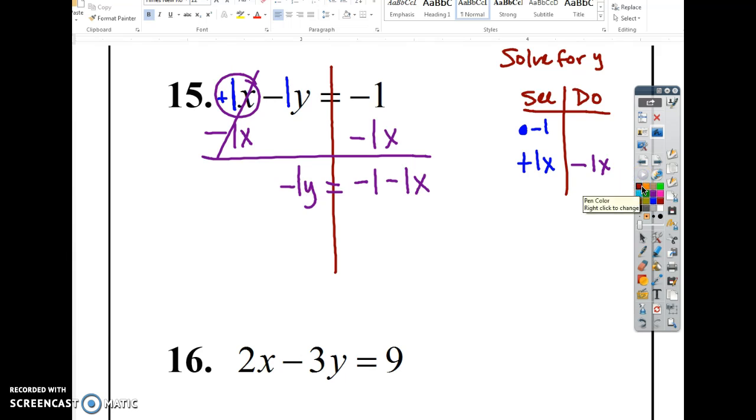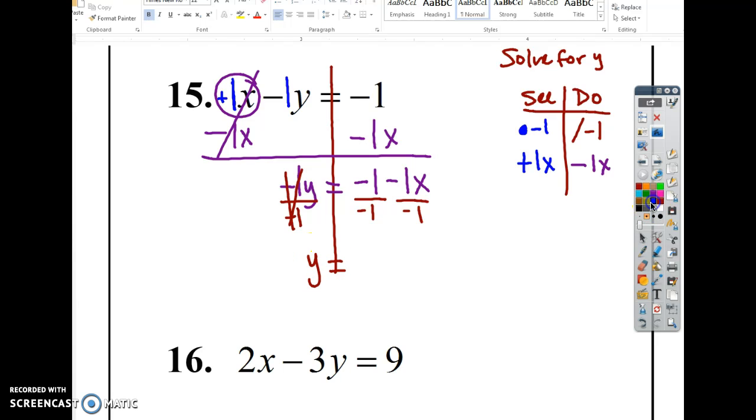The last step is to undo the multiplying of the -1, so you have to divide by -1 everywhere. Divide this by -1, divide this by -1, divide this by -1, so that the -1 can cancel. So that leaves you with just y equals.